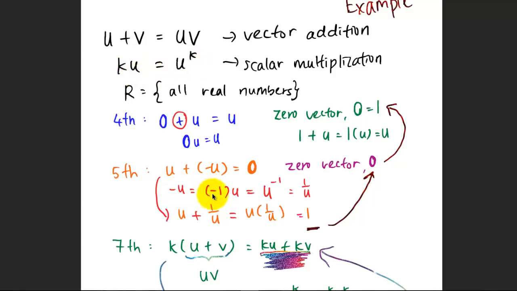So negative u will be u raised to the power of -1, which is equivalent to 1 over u. So you have u plus 1 over u here. And since addition is multiplication here, you multiply them together and you get back 1, which is exactly the zero vector that you obtained from the fourth axiom. So we can say that the fourth axiom and the fifth axiom are fulfilled.